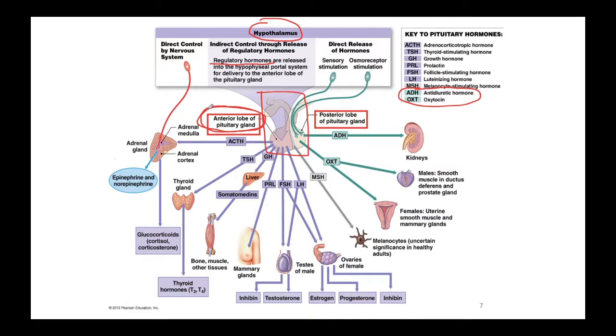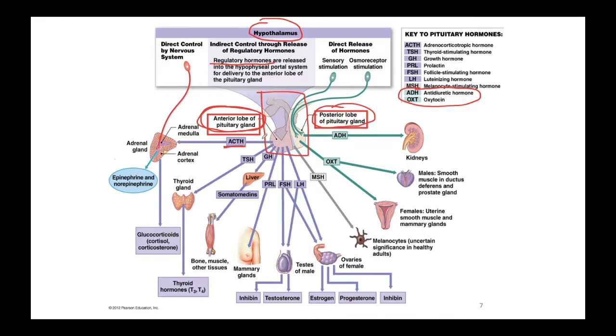Whereas the posterior lobe is sometimes referred to as the neurohypophysis. So the hypothalamus sends a message to the adenohypophysis, or the anterior pituitary. And the anterior pituitary, you see right here, is releasing ACTH.